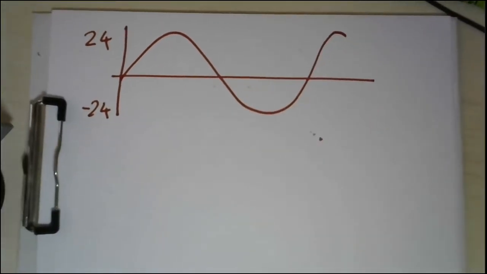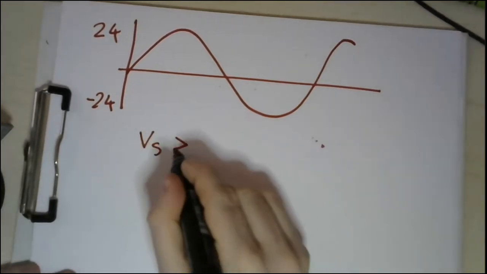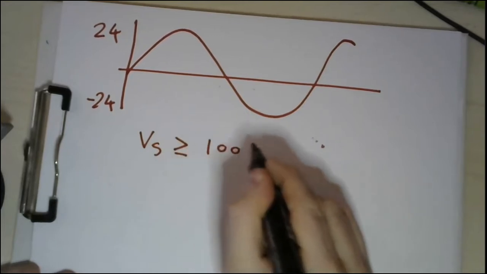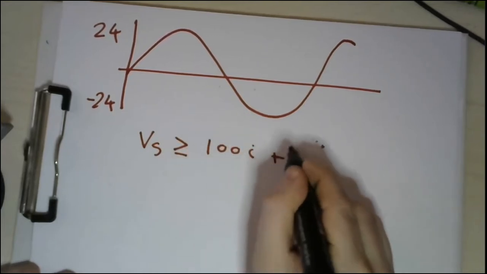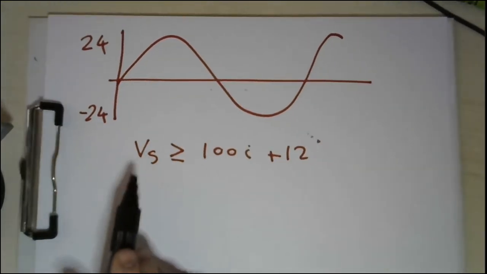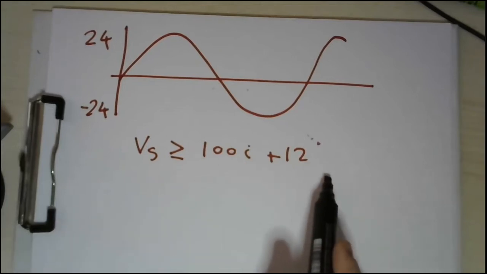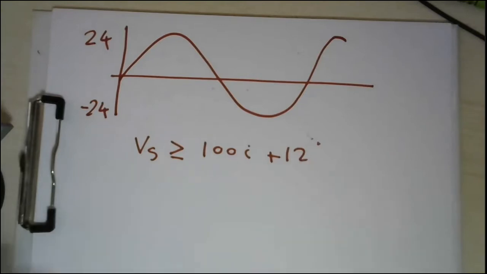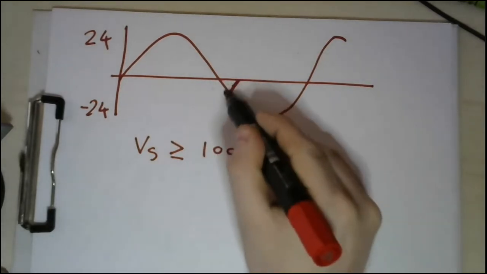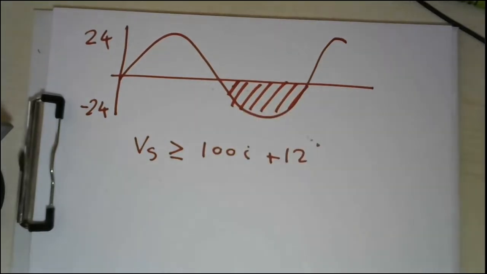Our equation is Vs should be greater than or equal to 100I plus 12. As you can see, the first impression is that Vs should be positive, because I should be positive and 12 is positive, so this is a positive summation. That means that for any negative value of the voltage, your diode will be treated as an open circuit. It will be a reverse bias, not a forward bias.